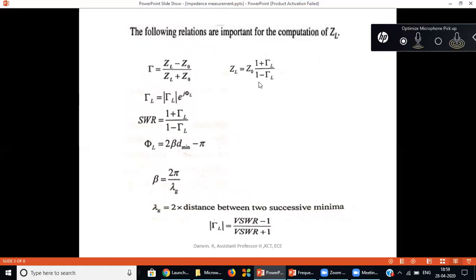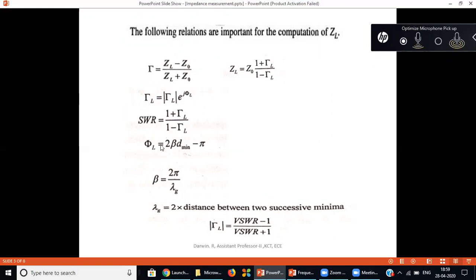ZL is equal to Z0 into (1 plus gamma L) by (1 minus gamma L), where gamma L is the load reflection coefficient. Since ZL is a complex term, gamma L will also be a complex term. Gamma L can be represented as modulus of gamma L into e power j phi L, where modulus of gamma L is the magnitude of the reflection coefficient, and e power j phi L is the phase term.